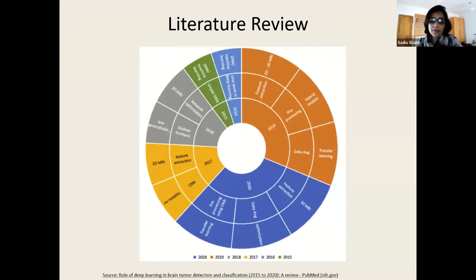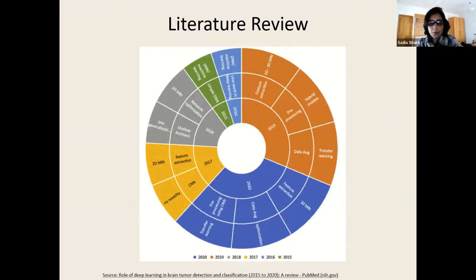And at the end of this review, what we found was that there were a lot of studies working on different aspects of this data, for example, classification, survival prediction, and segmentation, but there was no study which was taking into account all of these aspects together.